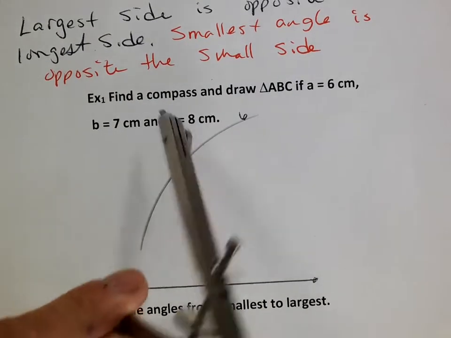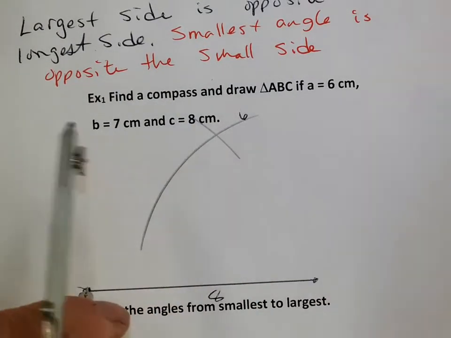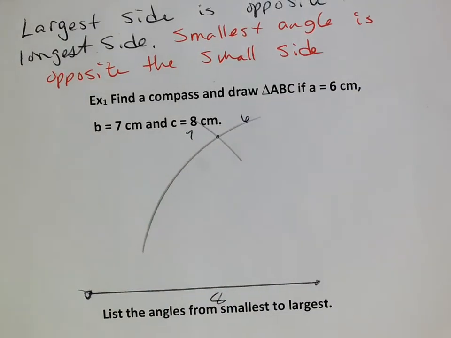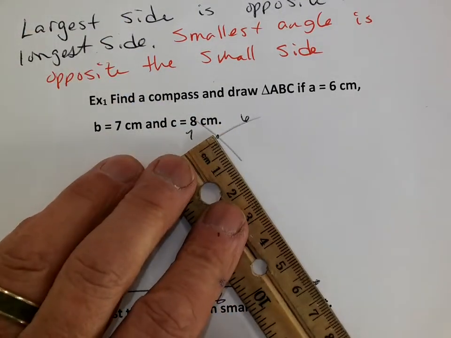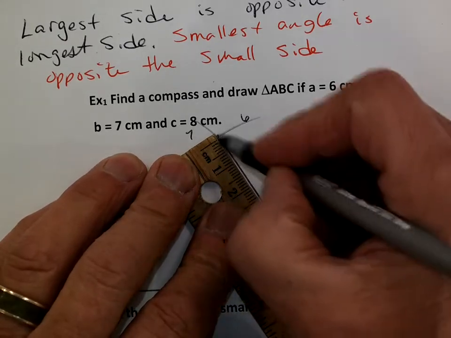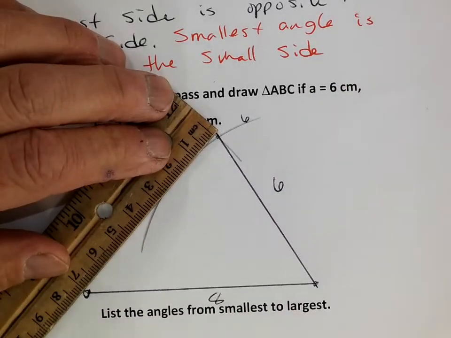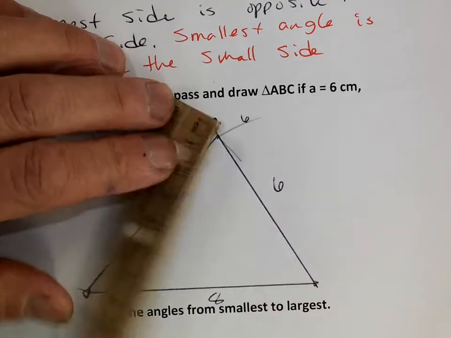Then where they intersect is where my triangle is, okay? So if I draw in my triangle, this for sure is going to be 6, and this is for sure going to be 7. There's my triangle.